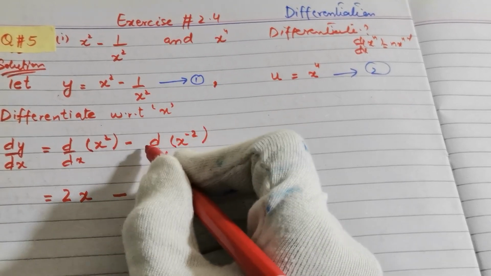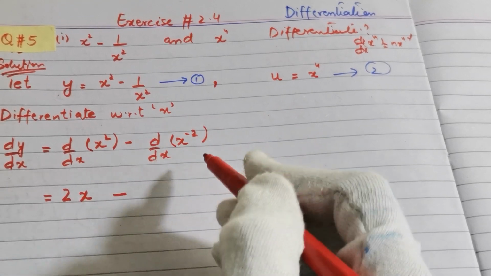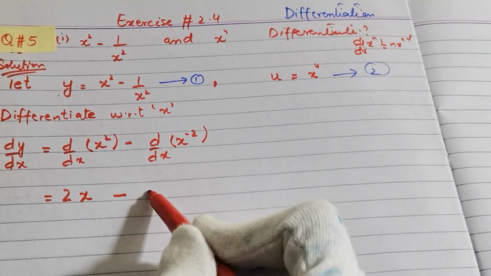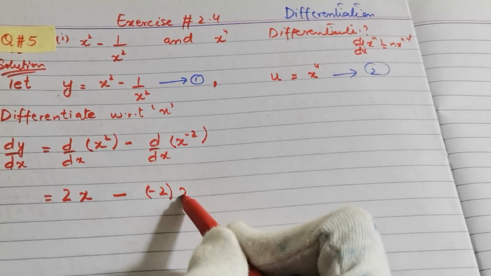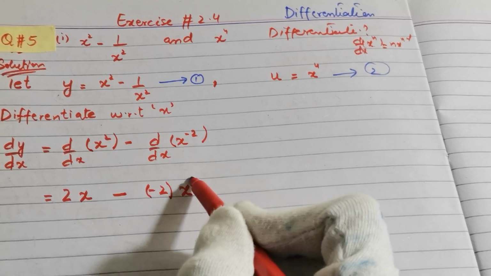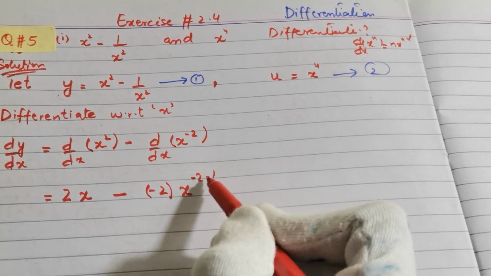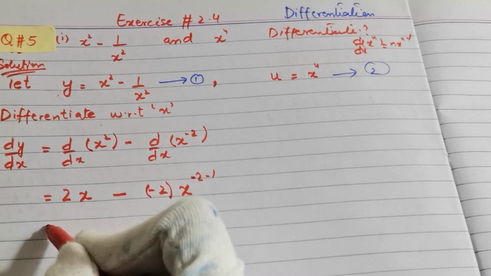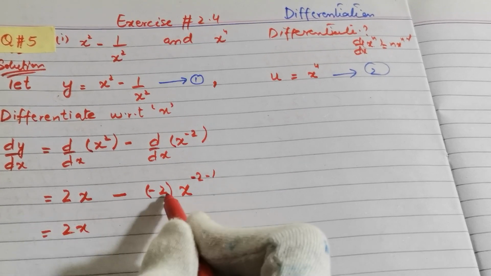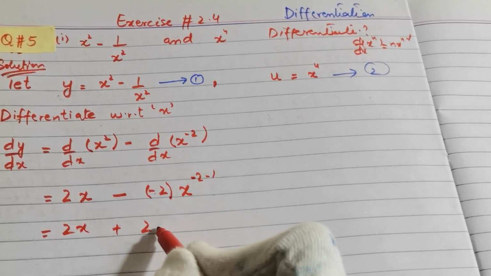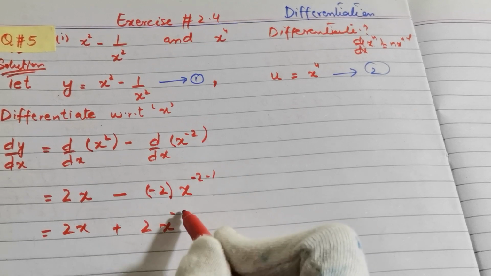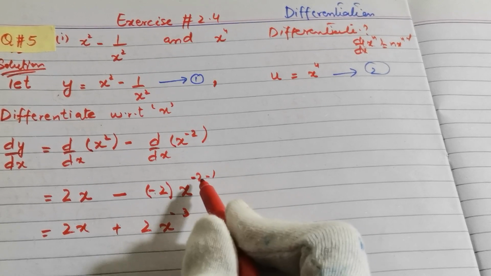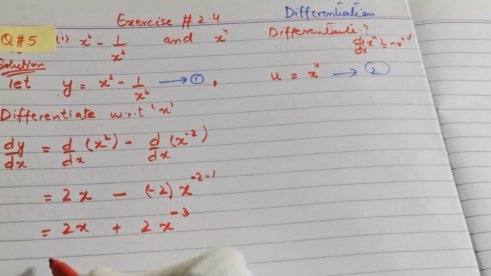Now here again we apply power rule. According to power rule, n is minus 2, x is simple x, and x raised to n minus 1, n is minus 2. So we'll solve: 2x minus minus plus 2, x raised to power minus 2 minus 1, minus 3, so 2 plus 1 is 3, sign minus.